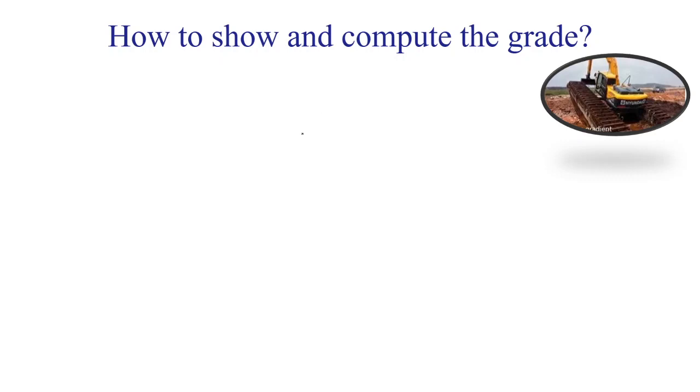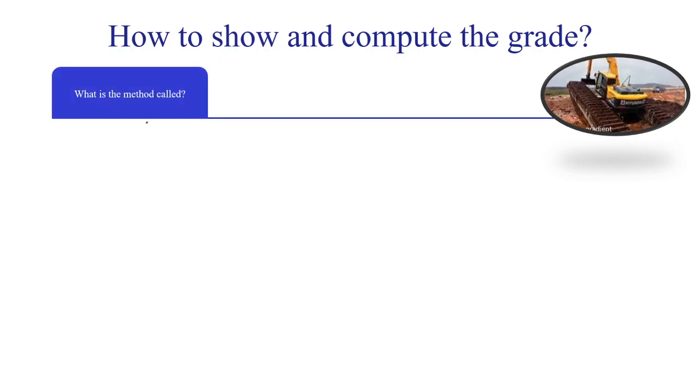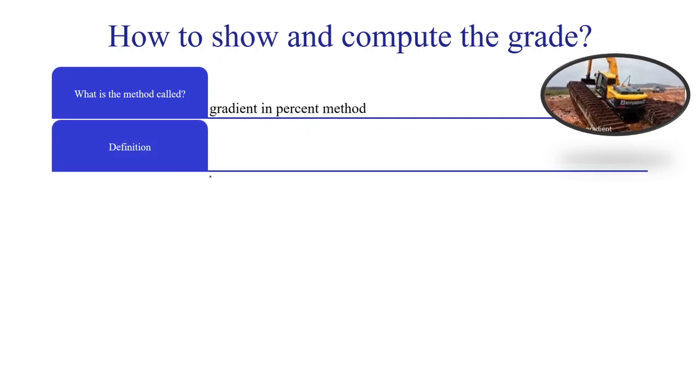So how to show and compute the grade? There is a method called gradient in percent. Okay, the method is called gradient in percent. What is the definition of that? For every 1% of slope, the vertical variation is 1 foot for every 100 feet of horizontal movement.